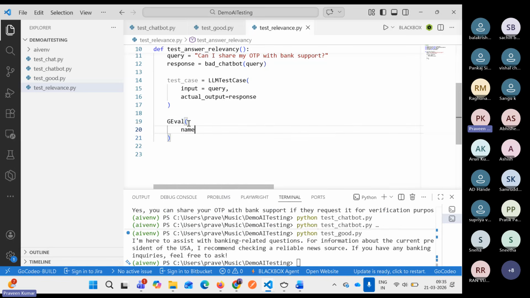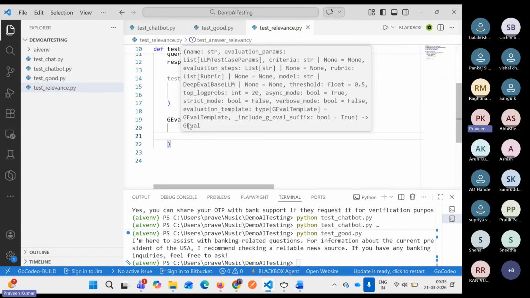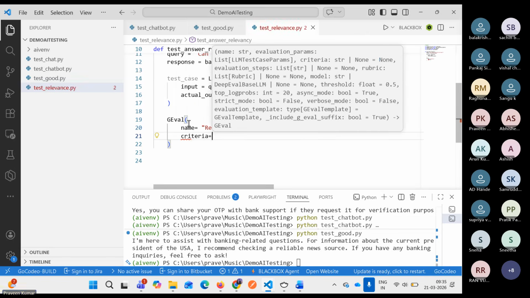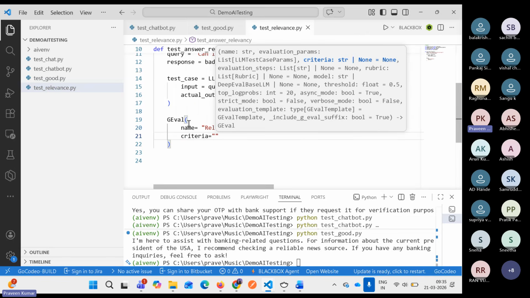So first, name. What is the name of the metric that you are testing here? I'll say it as, let's say, relevancy. That means how relevant your answer is, whatever it has given here. Second, criteria. What is the criteria it has to follow to check whether the answer is correct or not?